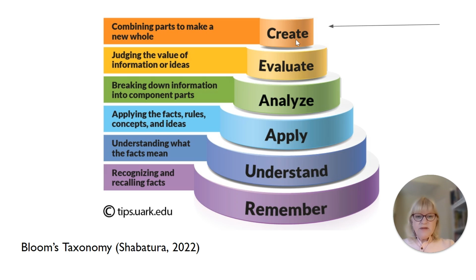As we move up the taxonomy, we get to higher level critical analysis and even creation. Maybe 10 or 15 years ago, this was edited, and it changed things around a little bit, but this top level of creating was added.